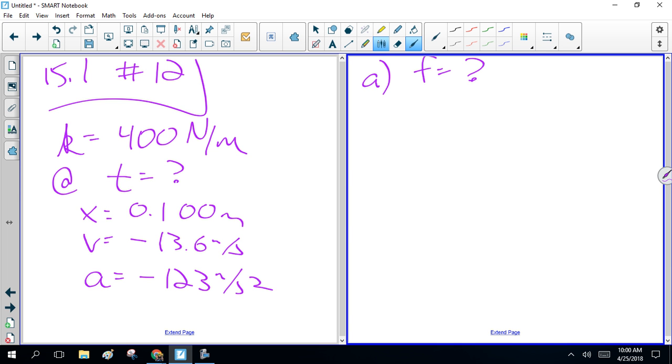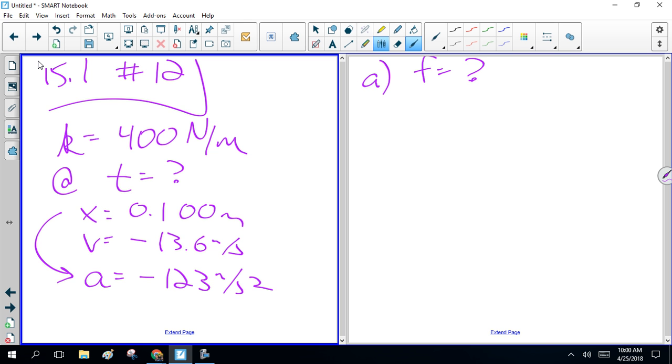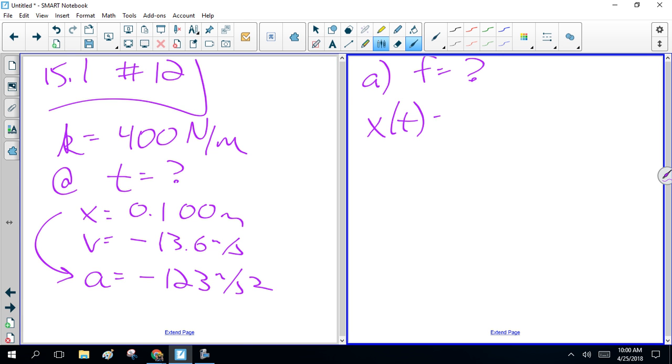There's a strong relationship between these two. Remember, our position at time t is x max times the cosine of blah, blah, blah. When you take your derivative, the velocity at time t is negative omega times xm times the sine of blah, blah, blah.